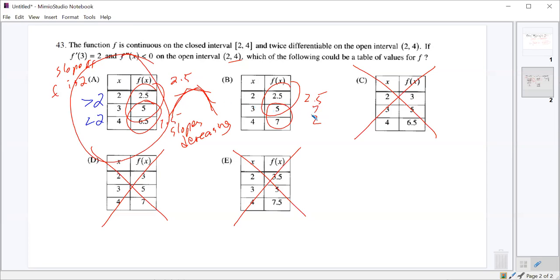So if at 3 it's 2, and between 3 and 4 it's also 2, that could not work out. So we can't have choice B, it's got to be choice A. Does that make sense? Any questions there on 43?